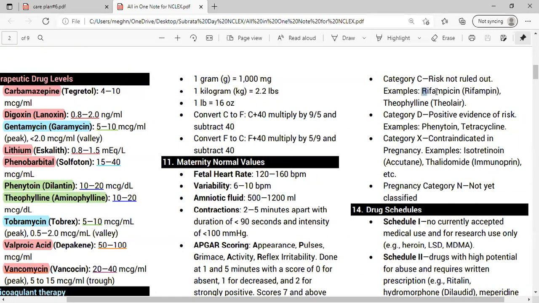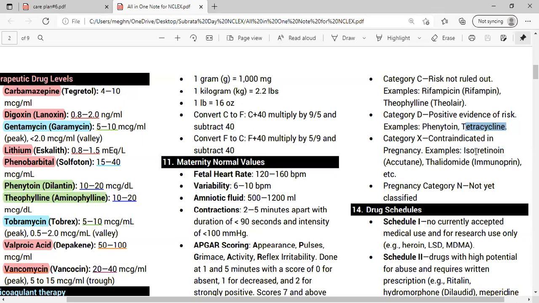Example, rifampin, a TB medication, or theophylline for bronchial asthma. Category D, positive evidence of risk, example, phenytoin. If the mother is pregnant, it is good not to give it, right? Also tetracycline has a teratogenic effect on children's bodies.